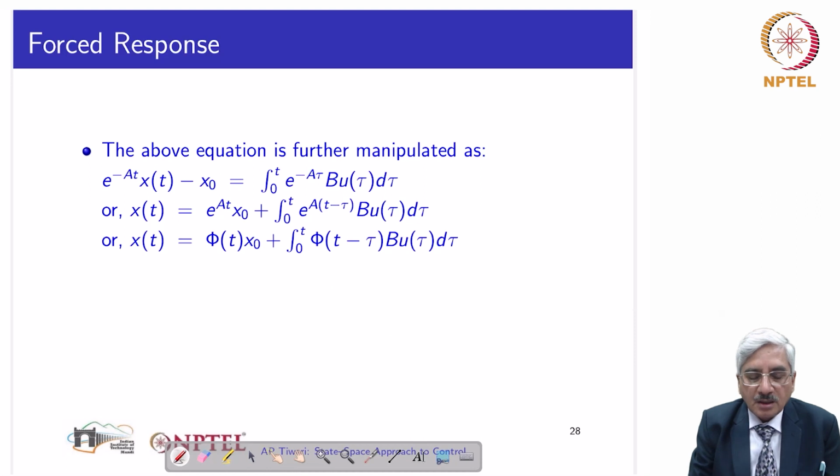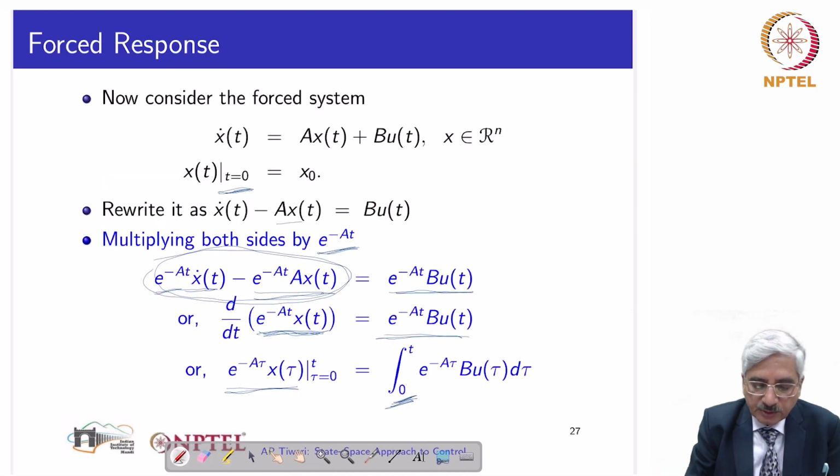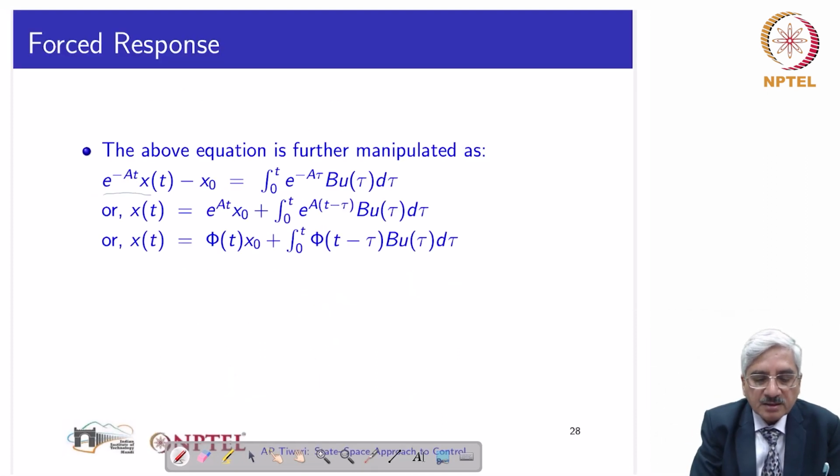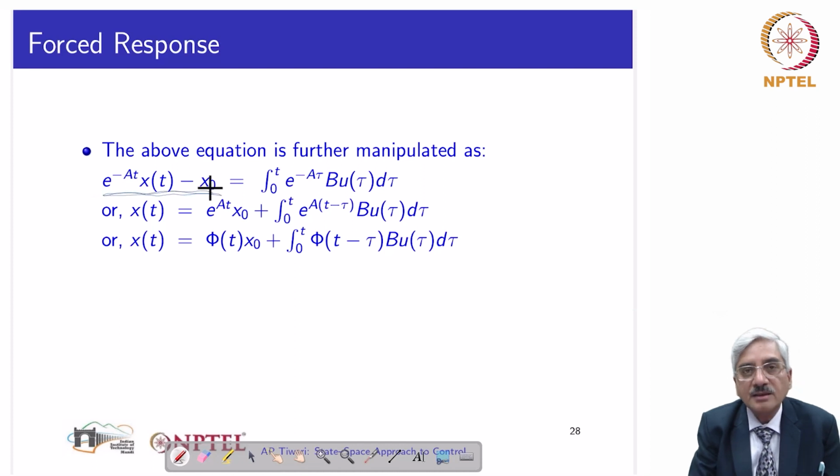So in the equation which we obtained, the left hand side evaluated at t and at t equal to 0 gives two terms, e power minus At x(t) minus x at t equal to 0, which is x0, and this is the integral on the right.